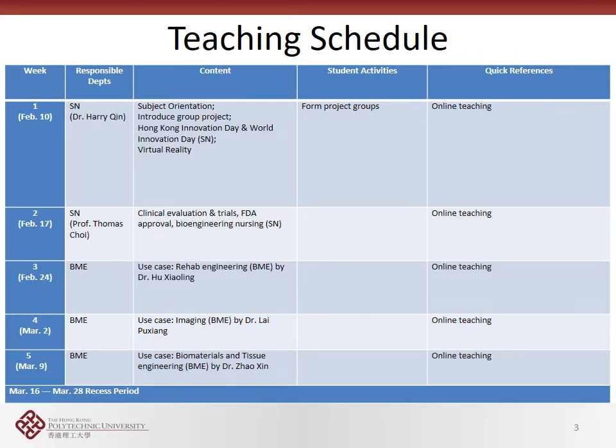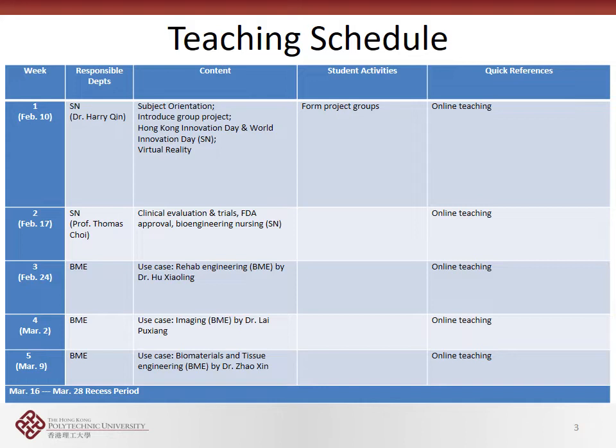Okay, here is the teaching schedule. In the current situation, as you know, the first 5 weeks we will conduct the lectures online. And this is the first week. In this lecture, as mentioned, I will briefly introduce the whole subject, the group project and other assessment components.